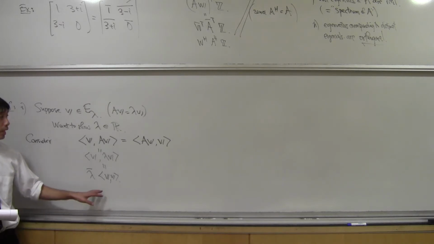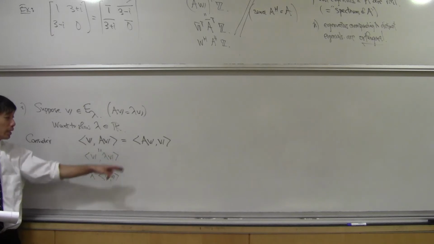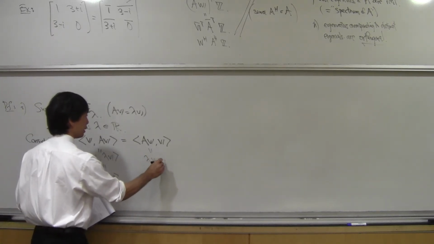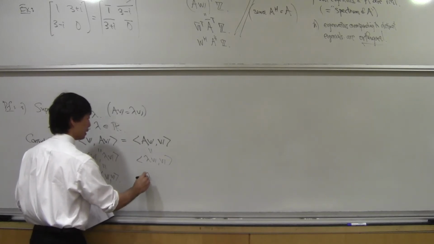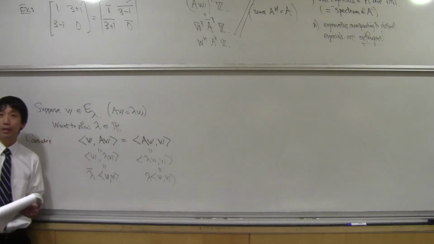Okay. Now, what's going to happen on the other side? We're going to do the same thing, but we have lambda V here. And we pull out the lambda, and we get lambda times the magnitude squared.